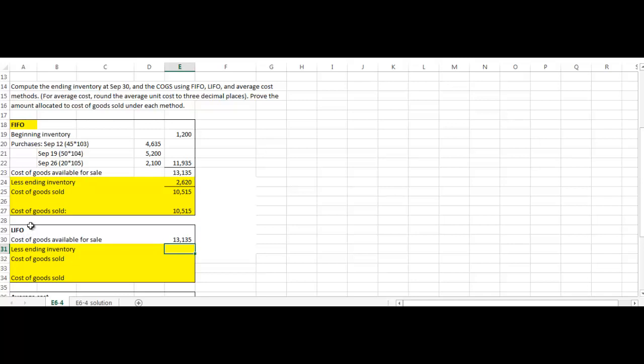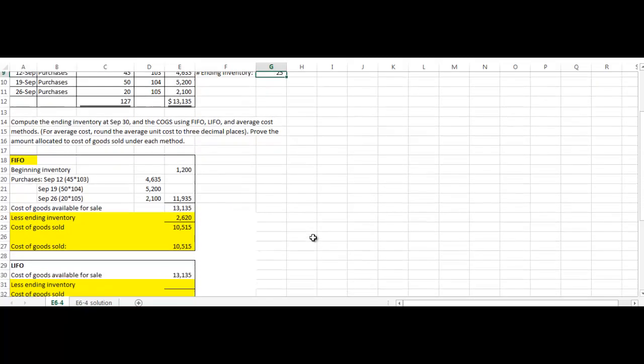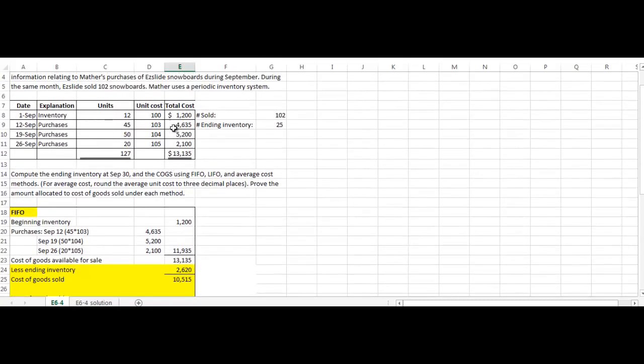Therefore, the earliest purchases will still be hanging around the inventory floor. How many in that inventory? 25. So we need to fill up our bucket with 25, beginning with the earliest purchases this time for ending inventory.